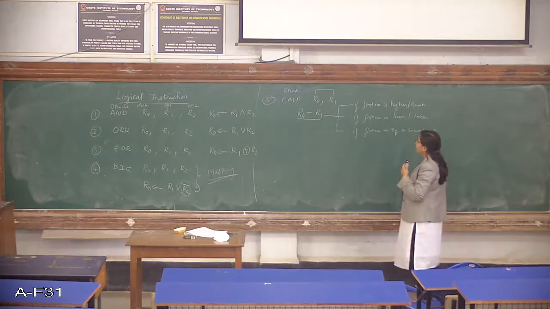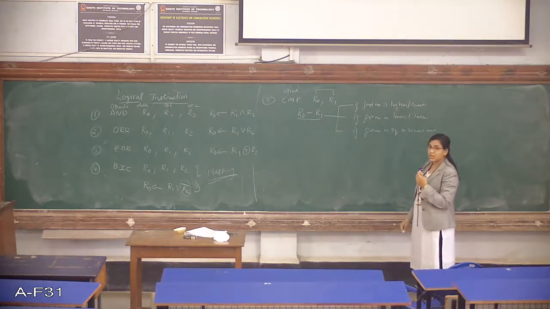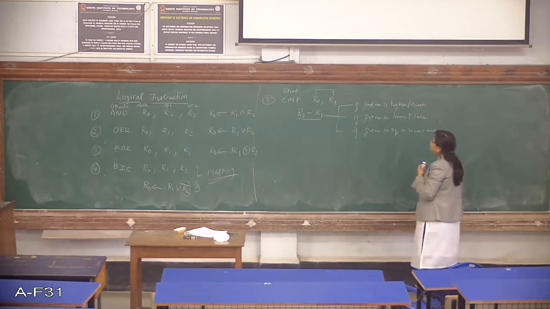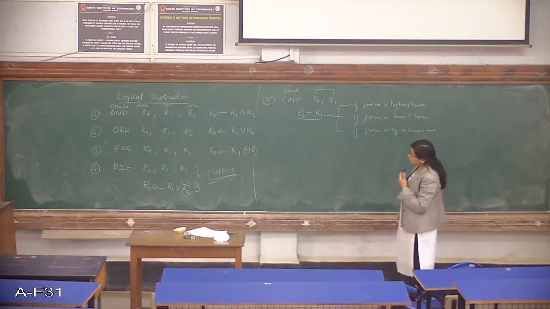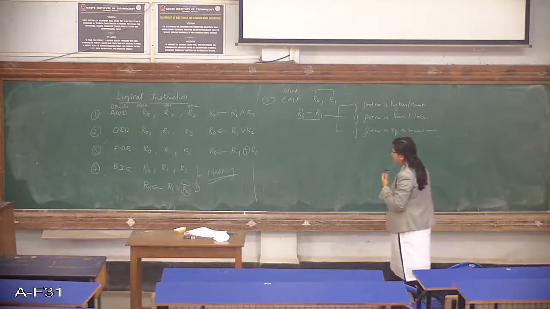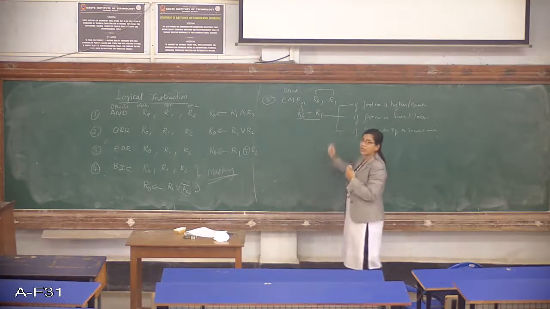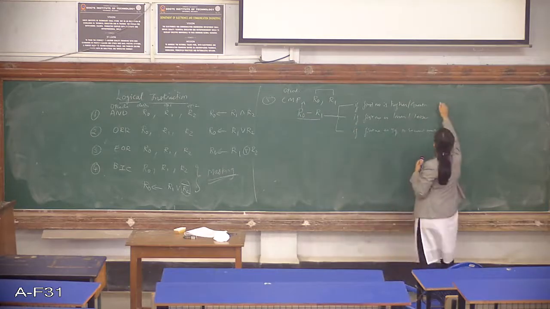Now how do we check if the first number is greater, less, or equal? For that you need to look into the status flags. If the first number is greater and I am subtracting the smaller number from the greater number, I always get a positive result.